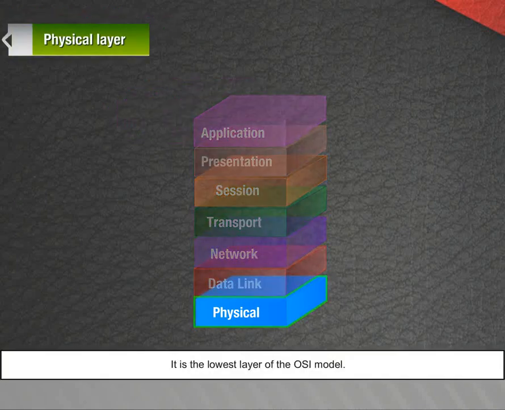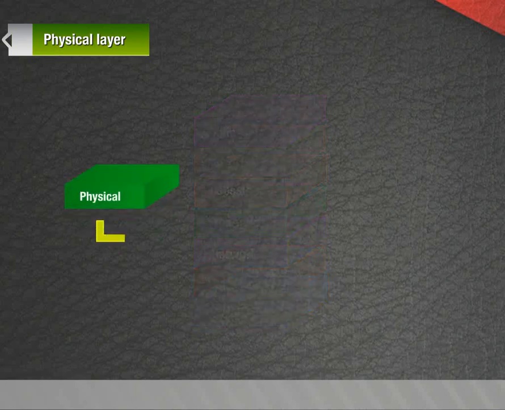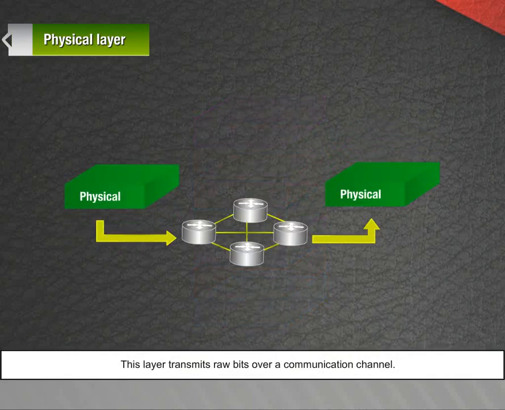Physical layer. It is the lowest layer of the OSI model. This layer transmits raw bits over a communication channel.